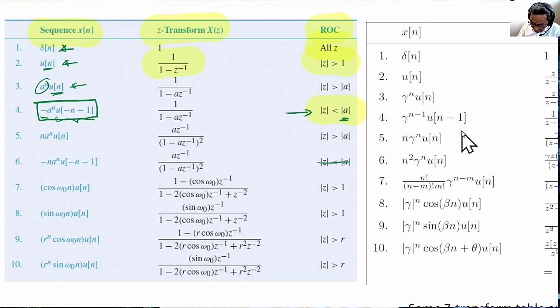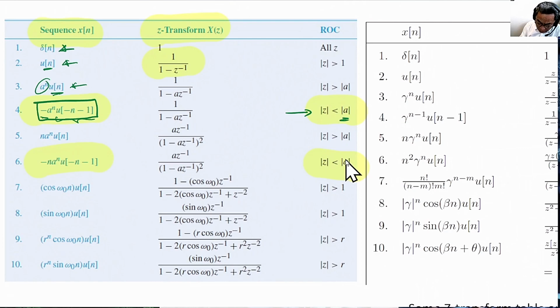Anyone that has this kind of characteristic, less than a, is an anti-causal signal. Correspondingly, their region of convergence will be less than the pole location nearest to the origin.